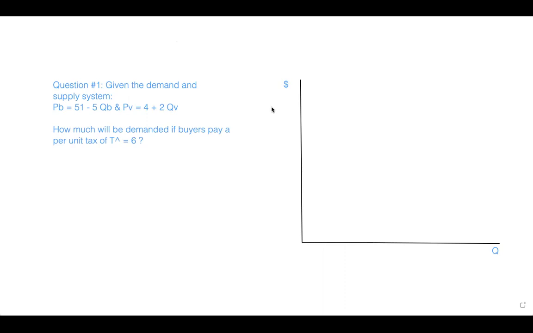Yeah, so for the demand curve, what should I put the intercept as? 51. 51, right? And then down here I should do 4, right? Yeah.